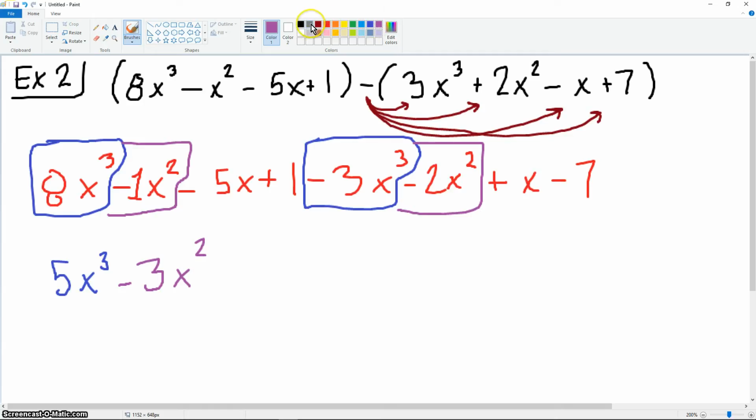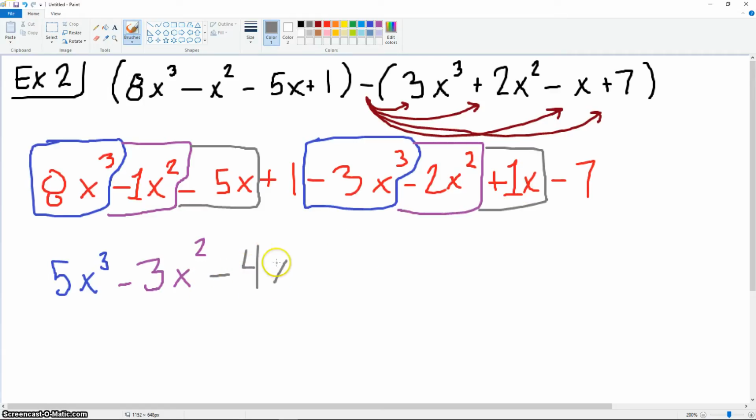Then we move on to the x's. So we have a negative 5x plus x. There's a 1 here that I'm going to squeeze in that you're not seeing. And it reads as negative 5 plus 1, and that's going to be a negative 4x.